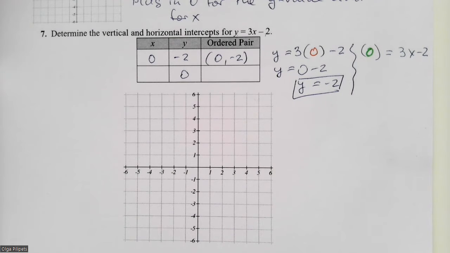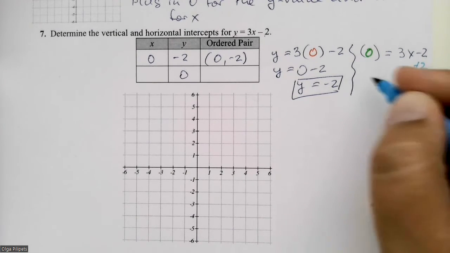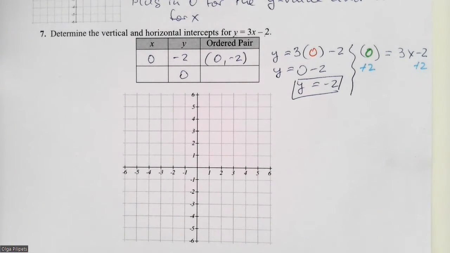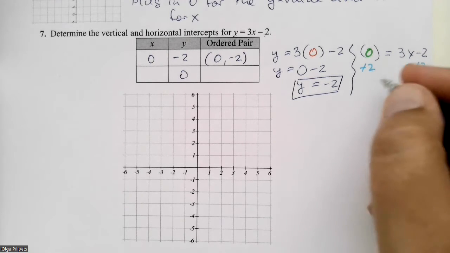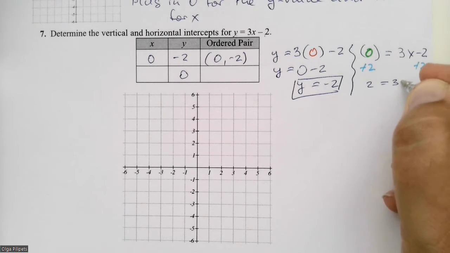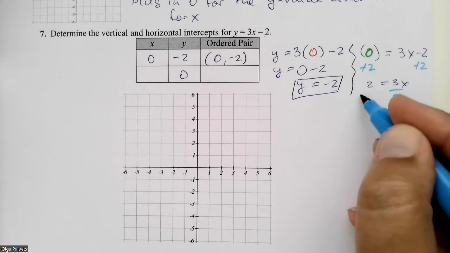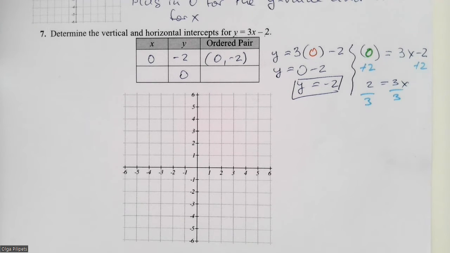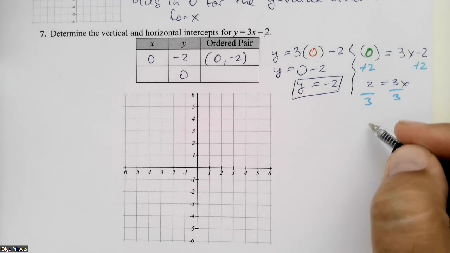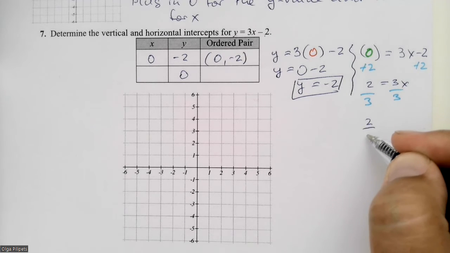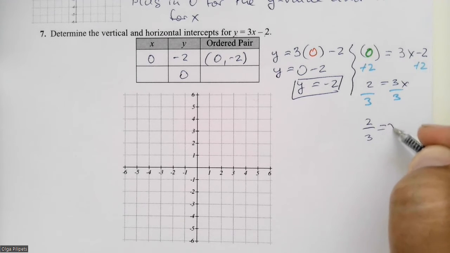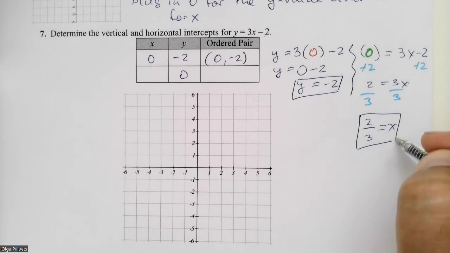We're gonna add 2 to both sides, and we get 2 equals 3x. The next step is to divide both sides by 3, and we get x equals 2/3.